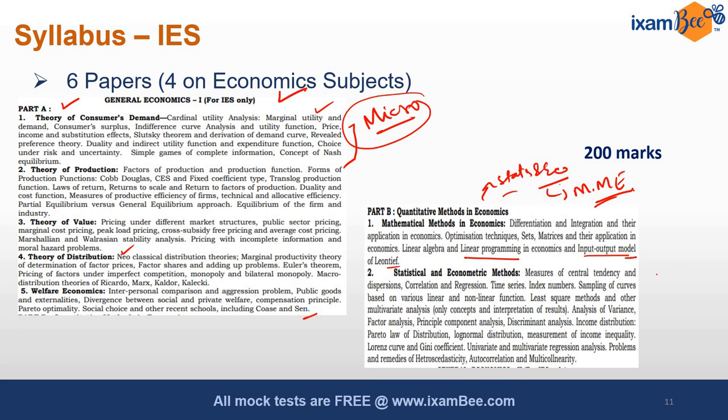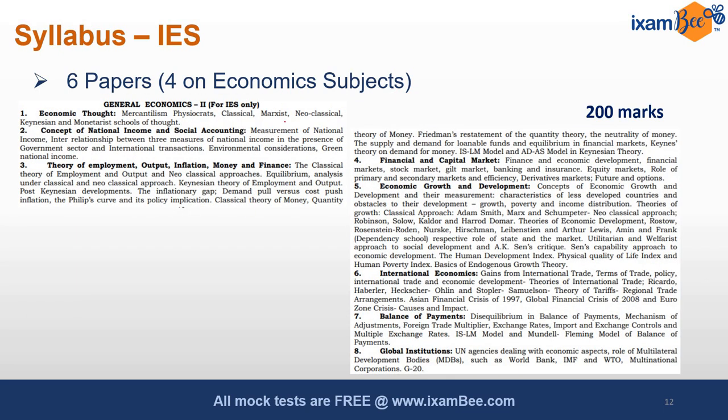Then statistics and econometrics, the whole very detailed syllabus is given for regression analysis and problems in regression analysis. Then on the second day, the second paper is also on economics, which covers your macroeconomics broadly. So it has the schools of thought like classical, neoclassical, Keynesian schools of thought and monetary schools of thought, and then concepts on national income and accounting and various interrelationships between the 3 measures in the presence of government sector and international transactions.